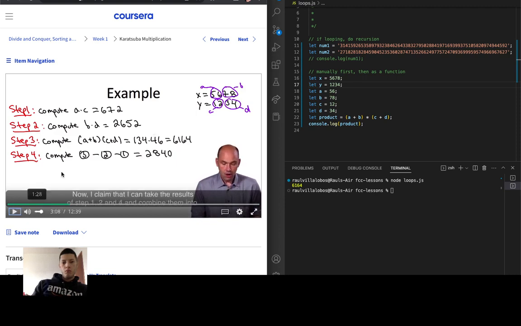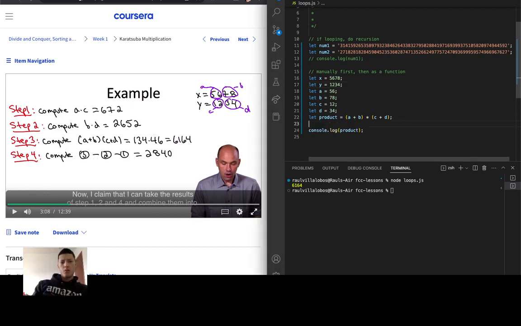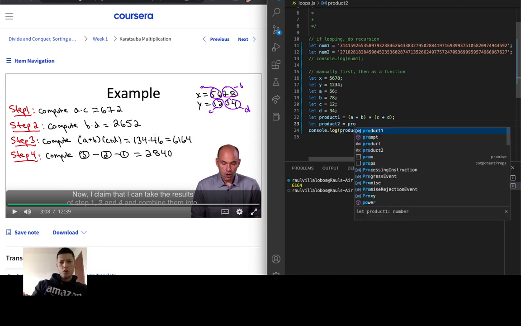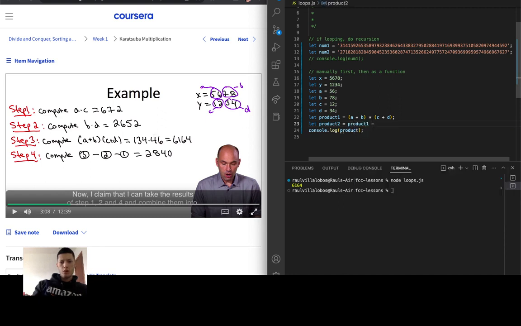Now, compute the third step. We'll name this one product 1. Product 2 is going to be product 1 minus, what is it? Product 2?